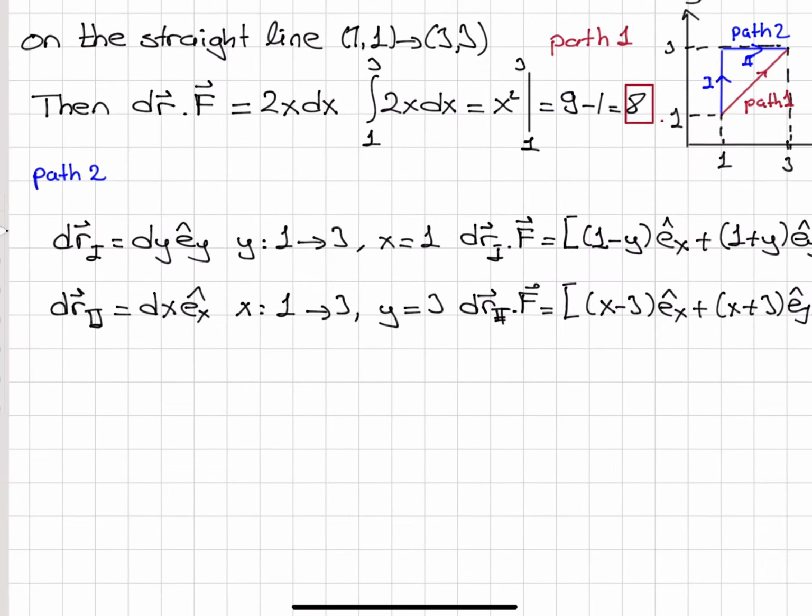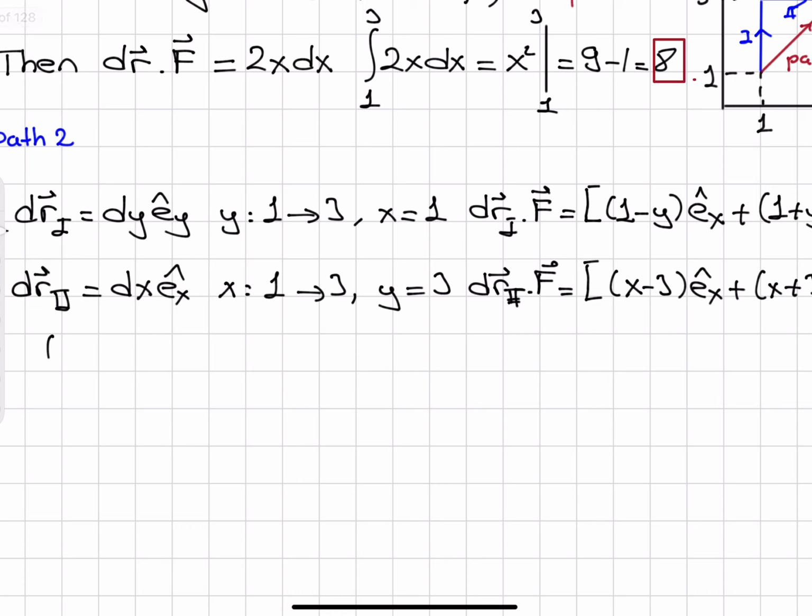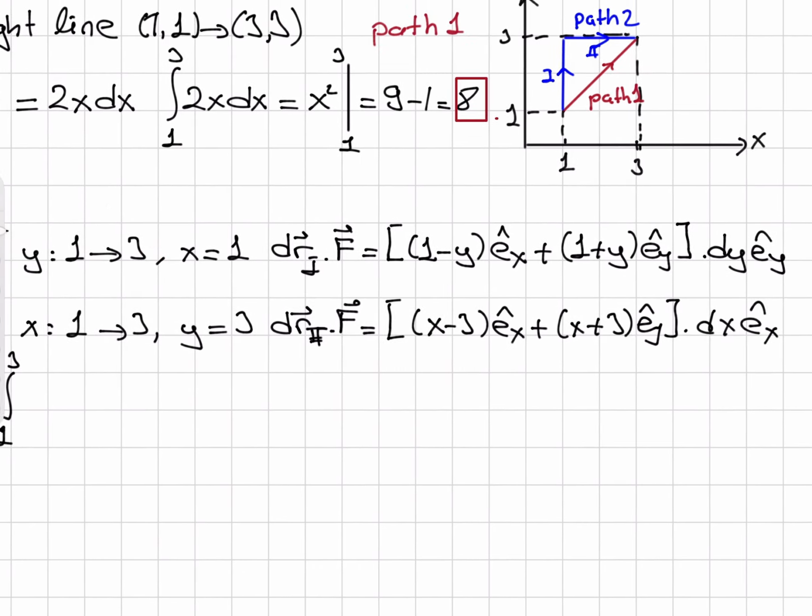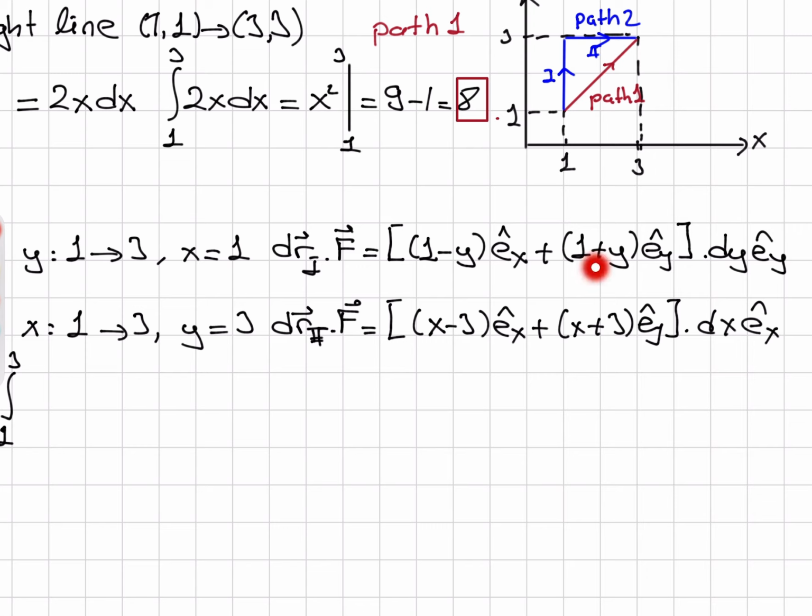All right, now I can write the integral on path 2. For the work done by this force, dr dot F, the first component is when y is changing from 1 to 3, dr dot F. So dr dot F will give me (1 plus y) dy.